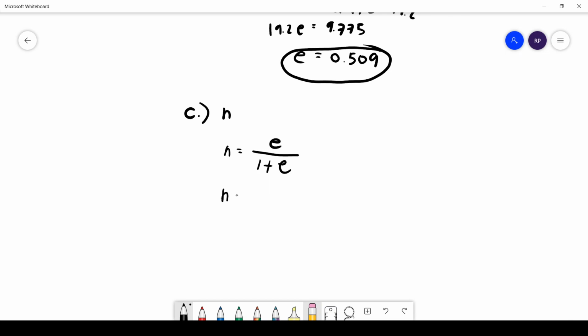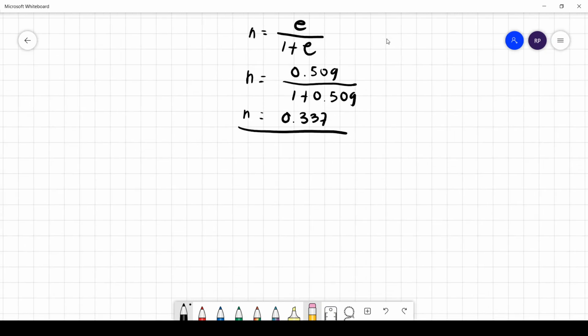So substitute nyo na lang sa equation. So that is 0.509 all over 1 plus 0.509 gives us our porosity. So that is 0.337. Yun lang. Okay? Simple lang.